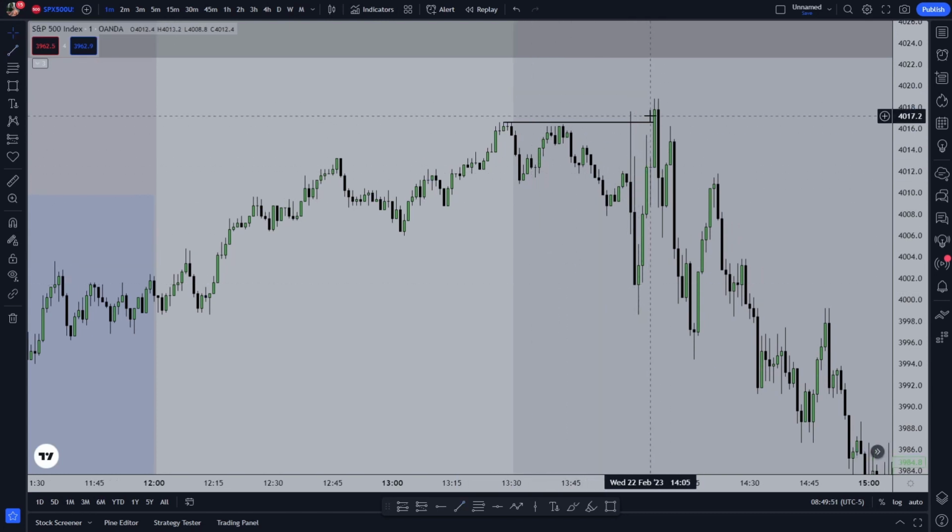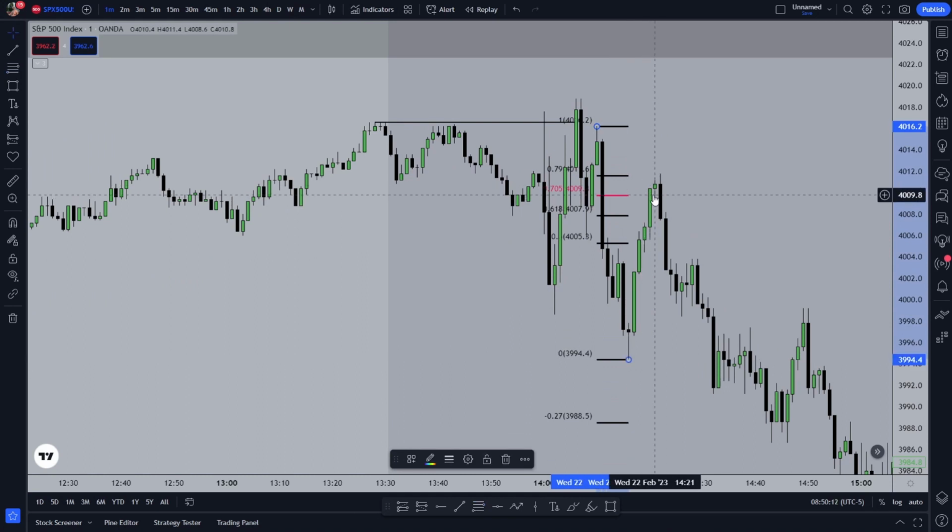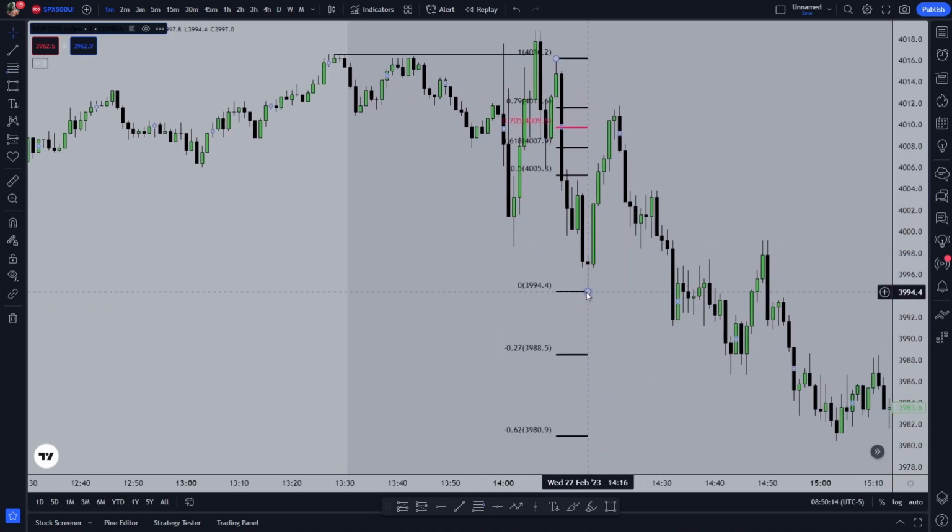So price took the stop losses of retail traders, then it gave a market structure shift at 2:15, and it left a big fair value gap right over here. So you could have entered in this fair value gap, or from the optimal trade entry right over here at the 705 level, and you would have targeted this low.